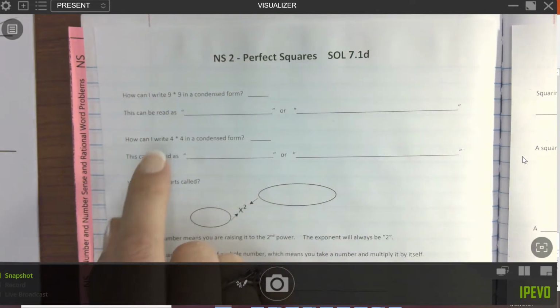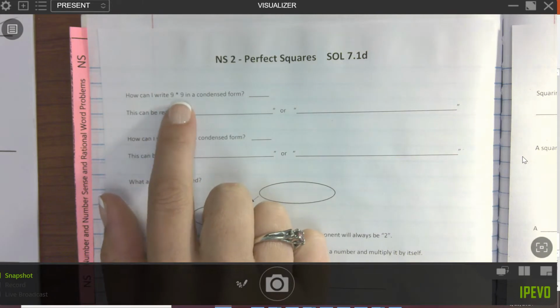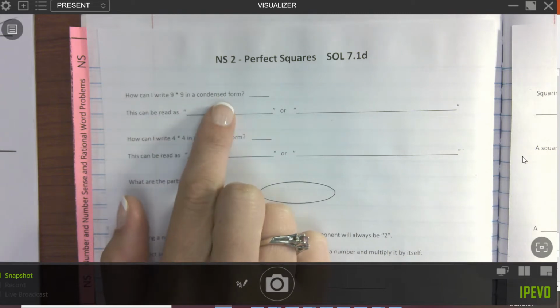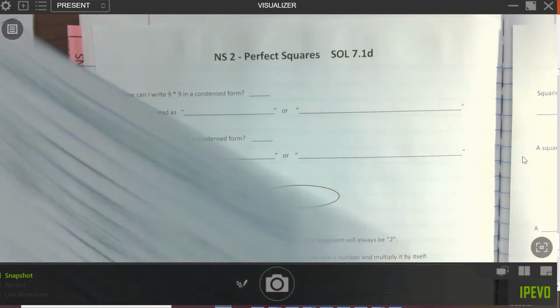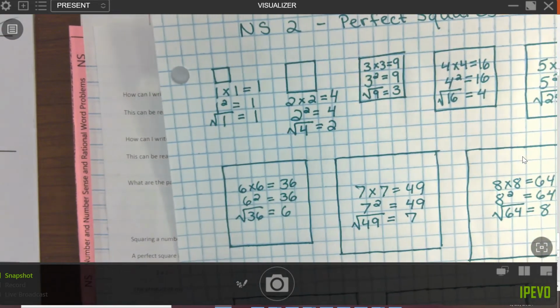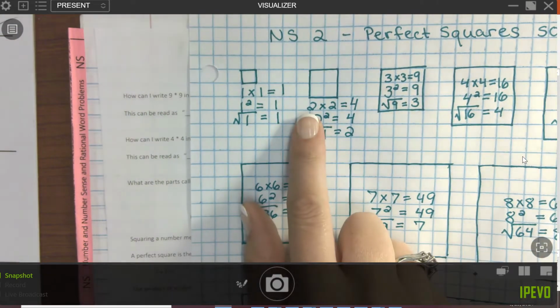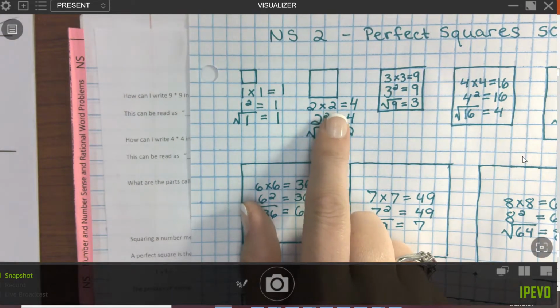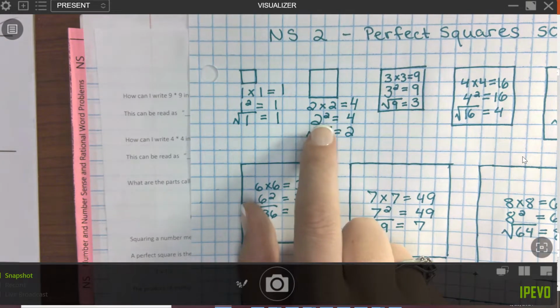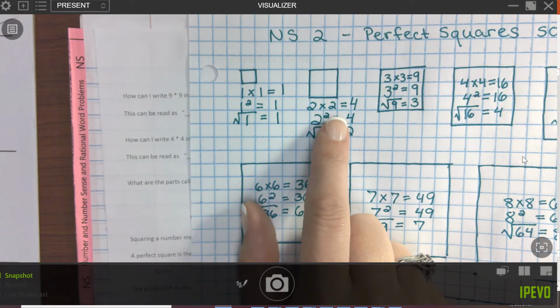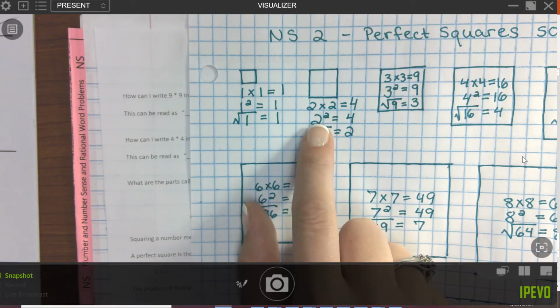It says, how can I write, and this is 9 times 9, that little asterisk means multiplication, so how can I write 9 times 9 in a condensed form? So if we look back at the graph paper that we used on Friday, we wrote out, for example, 2 times 2 equals 4, and then in a condensed form we used that little small 2 up in the corner to show that we were multiplying 2 times itself.